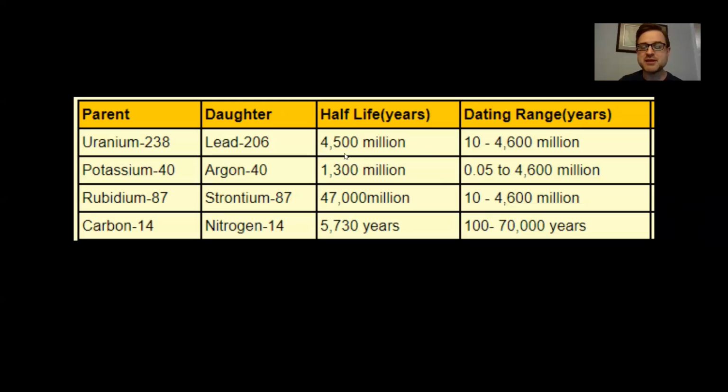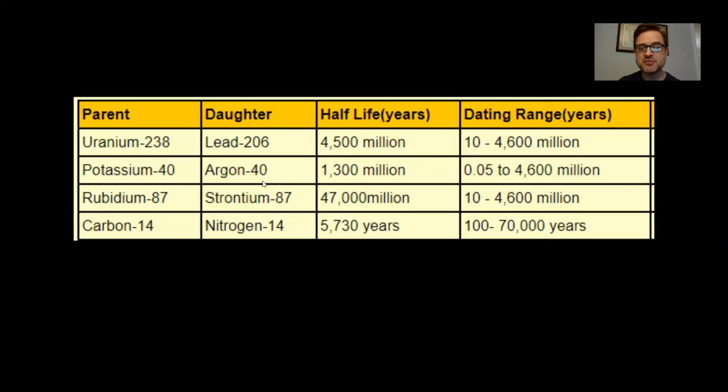That's a weird way to say it. Anyway, it's millions of years. Here you see carbon-14, half-life of close to 6,000 years. And so for things that died recently, within tens of thousands of years, you can use carbon-14.